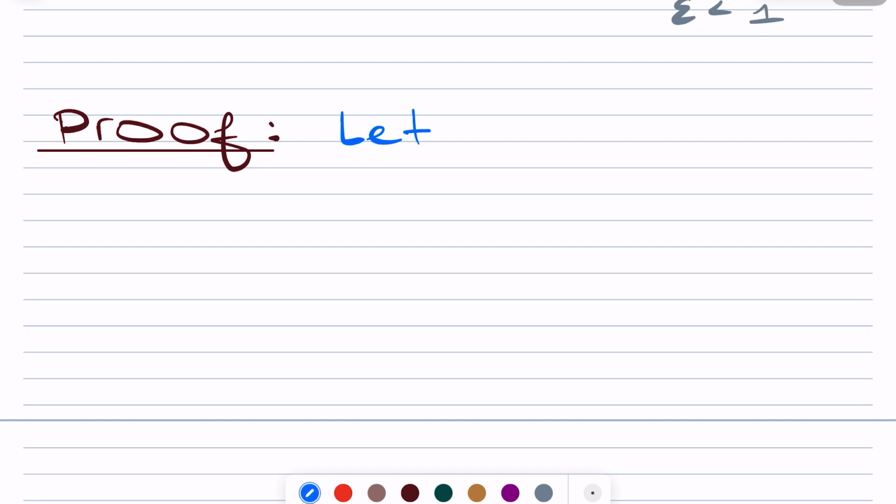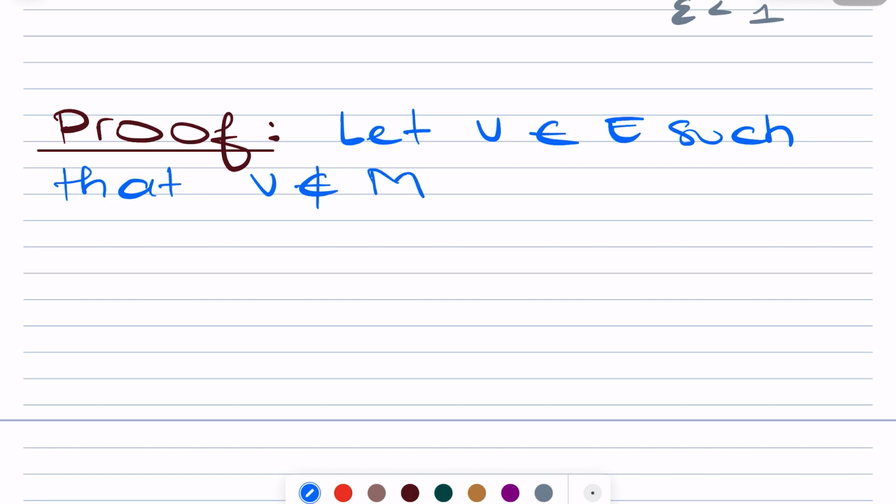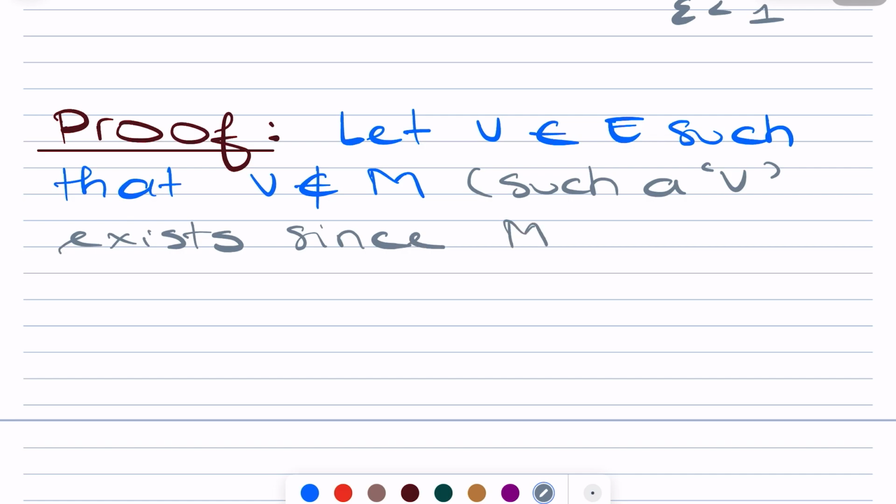Let v be an element of E such that v is not in M. You should note that such a v exists since M is different from E, and E is a normed vector space, so it's non-empty.